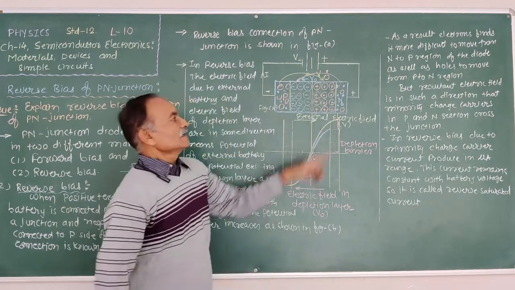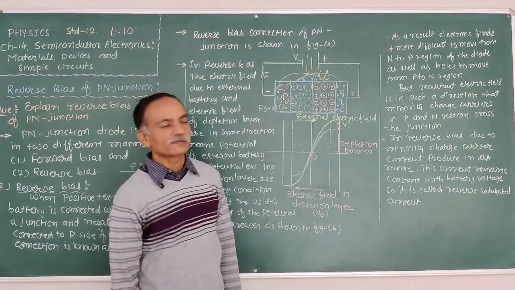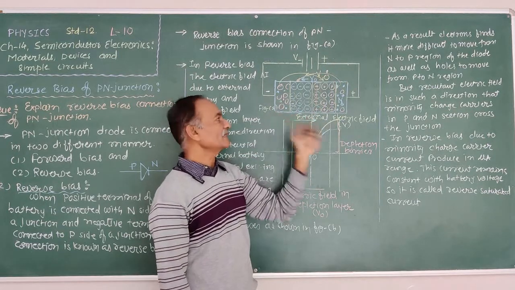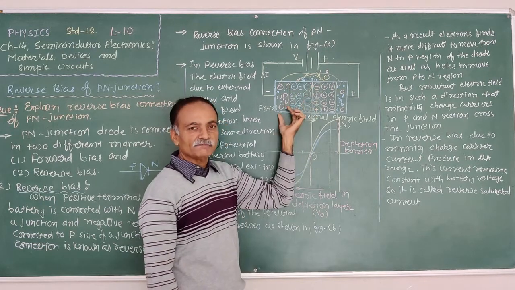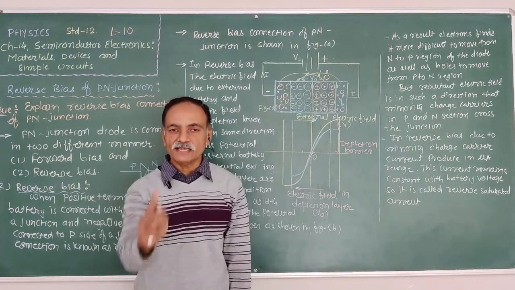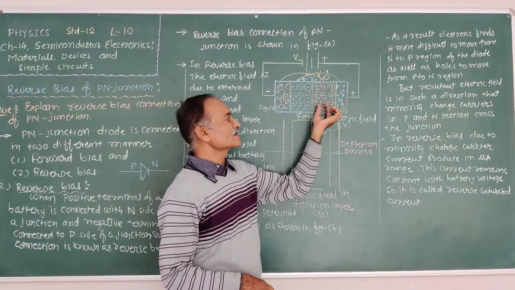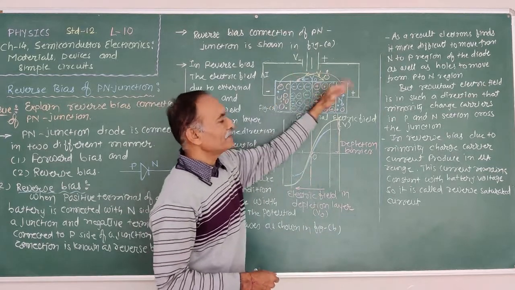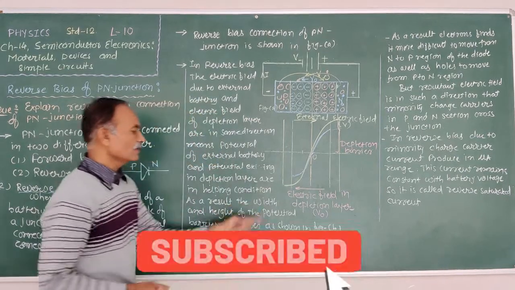Thus, the electron diffusion from the N region to the P region is stopped because the electron has negative charge. When diffusing from N to P, the negative ionized charge deposited near the junction on the P side opposes the motion of the electron. In a similar way, the positive ionized charge deposited near the junction in the N region stops the diffusion of holes from P to N. That is shown in the figure.